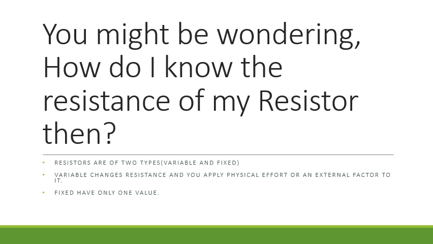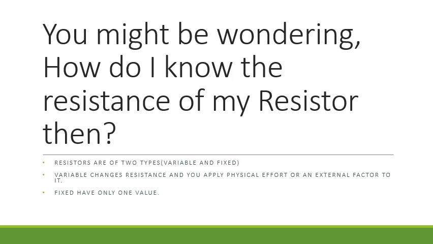I remember I said you shouldn't connect your LED directly, that you need a resistor to reduce the flow of current to keep your LED in a good working condition. Now you might want to ask, how do I know the value of resistance that I'm going to use? It's very simple. But before we get to that, I'm going to explain the two types of resistors that we have: the variable and the fixed resistor.